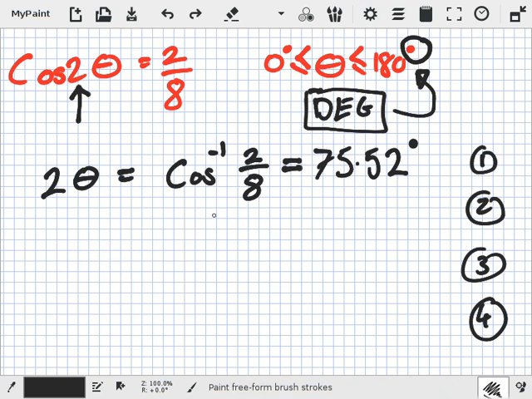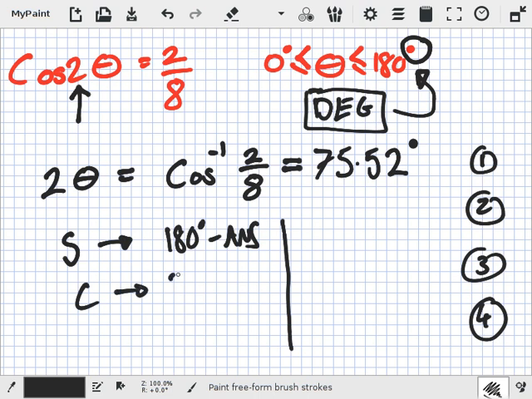There's a simple little table you can remember to get you the answers. If you have sine, the second answer is 180 degrees minus the first answer on your calculator. If you're using cos, it's 360 minus your calculator answer. And if you're using tan, it's 180 plus your calculator answer.